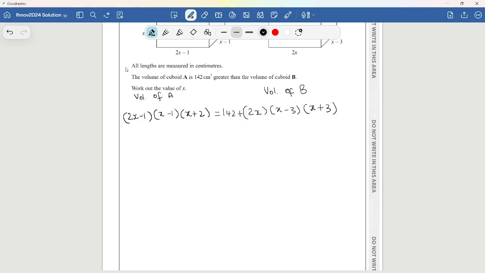So starting from the left side, I'm just focusing on these two expressions, these two values here.